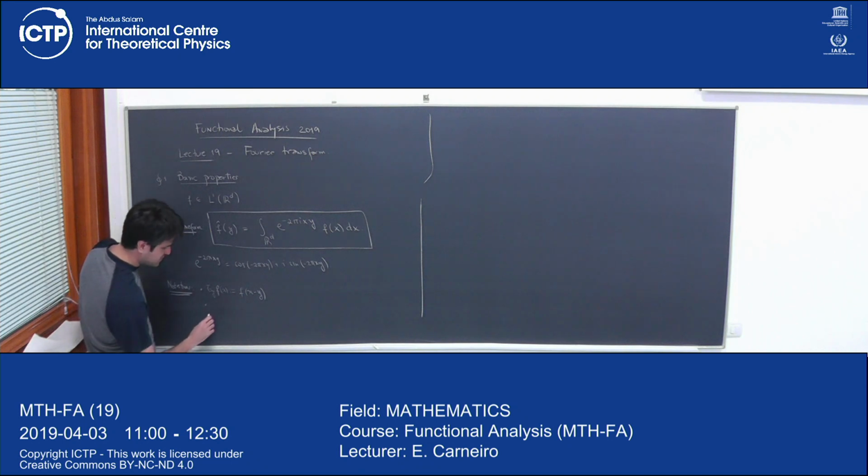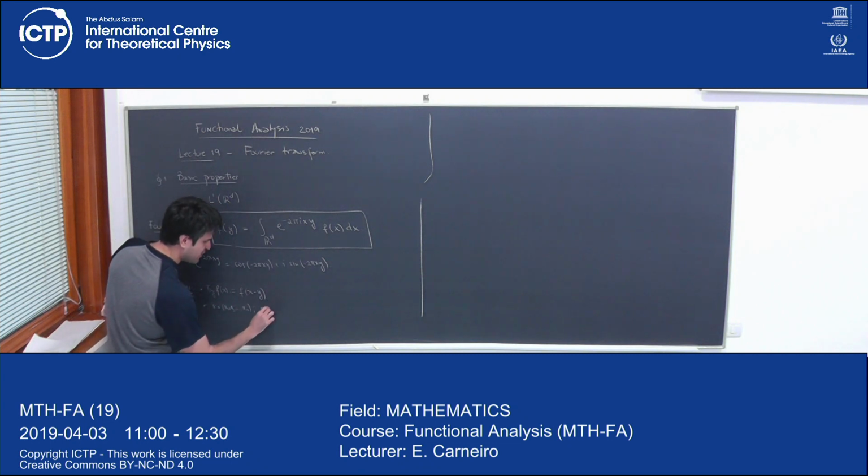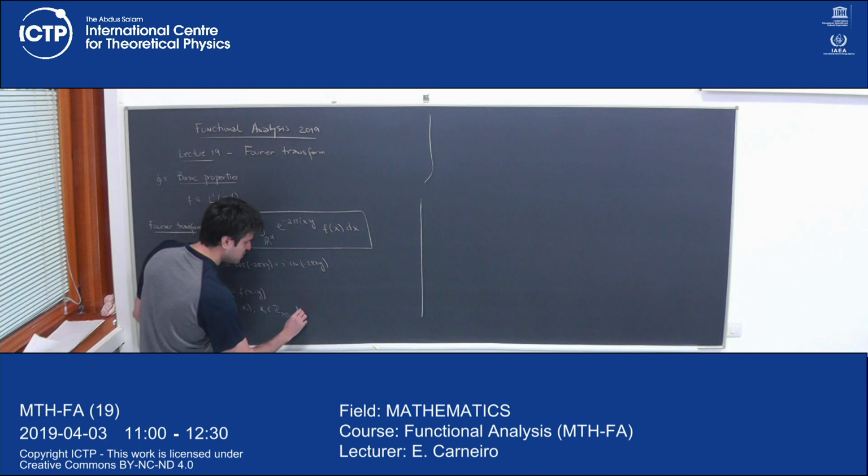If I have, say, a vector alpha equal to alpha 1, alpha 2, up to alpha n, where all the alpha i's are integers bigger or equal than 0, this is called a multi-index.